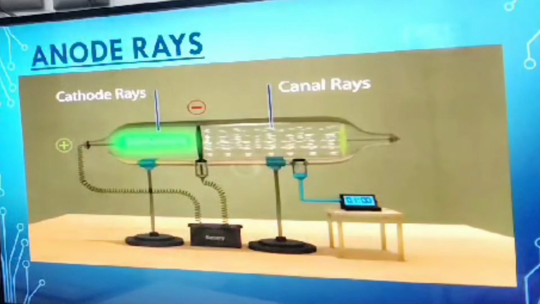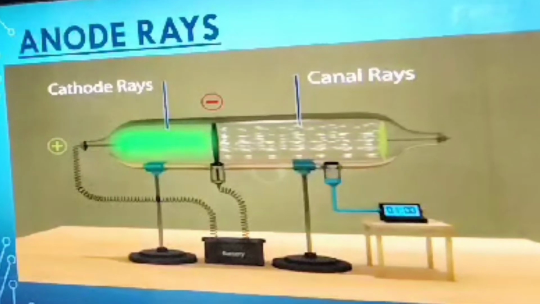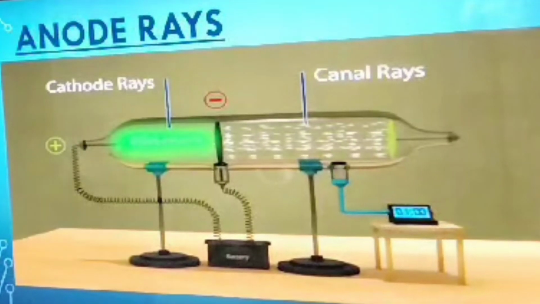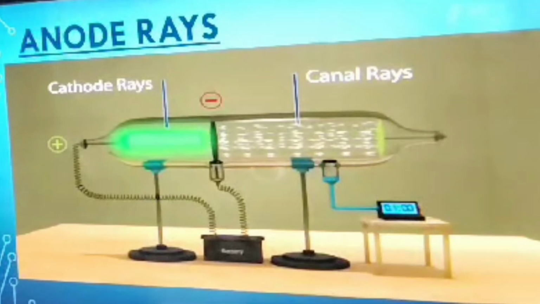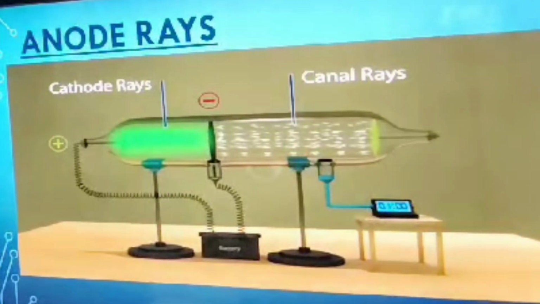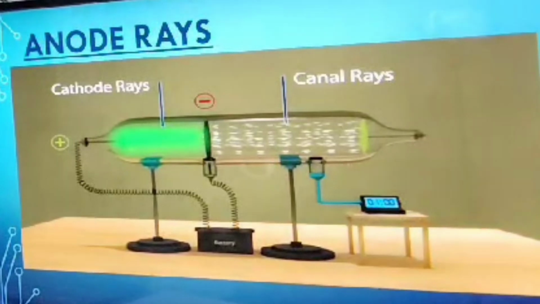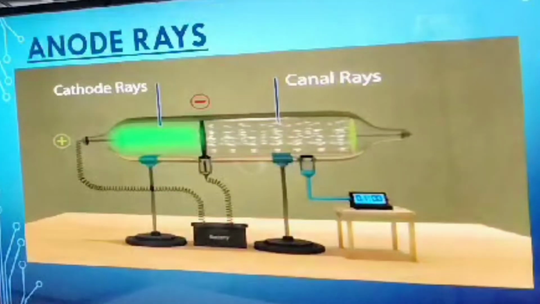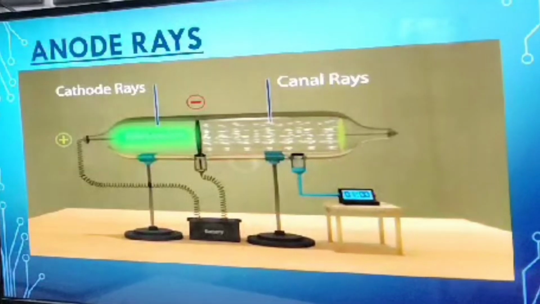These are known as anode rays because they came out from the anode electrode. They are also known as canal rays because these rays passed through the perforations, holes, in the cathode. They consist of positively charged particles known as protons.